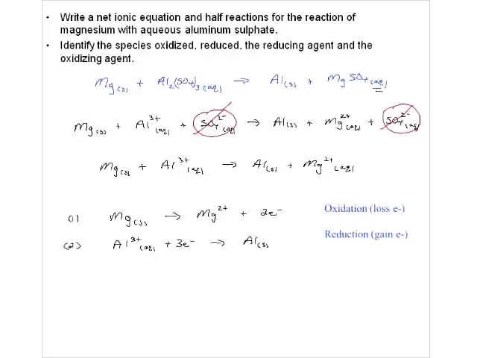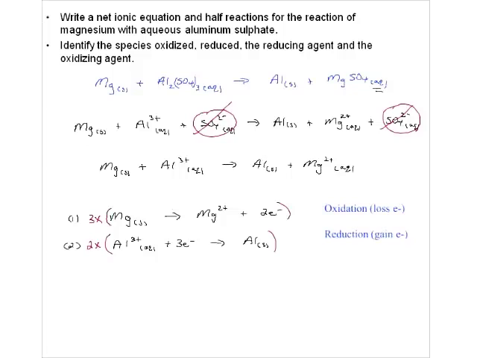Now, what we need to do here is look at this and say, hold on, we got different numbers of electrons. So what I need to do is somehow balance out these electrons. So I'm going to multiply this equation by 3 to get 6 electrons, and I'm going to multiply this equation by 2 to get 6 electrons there.